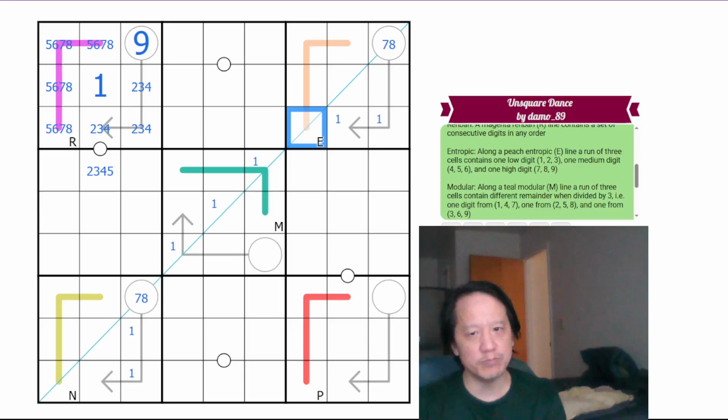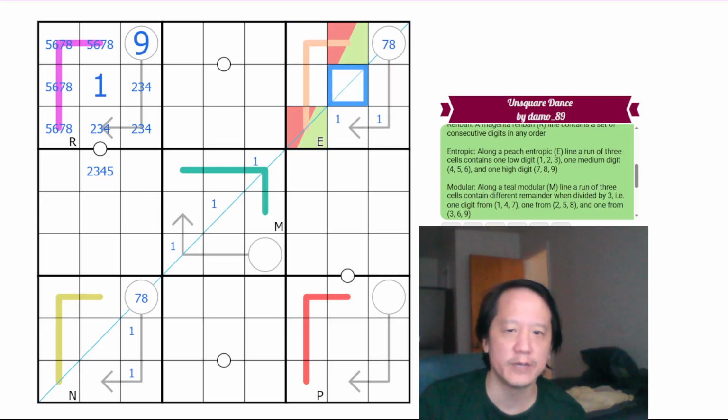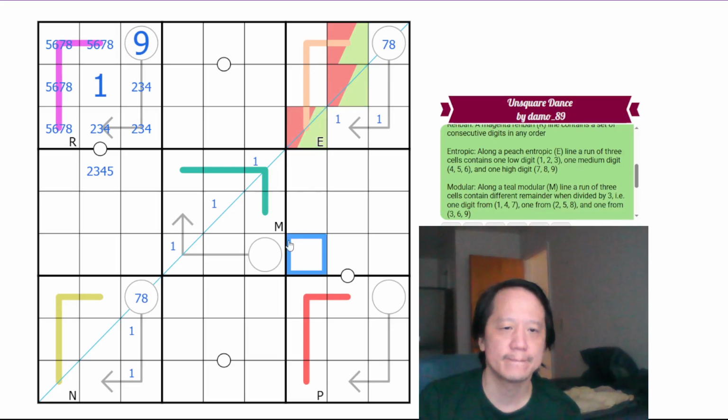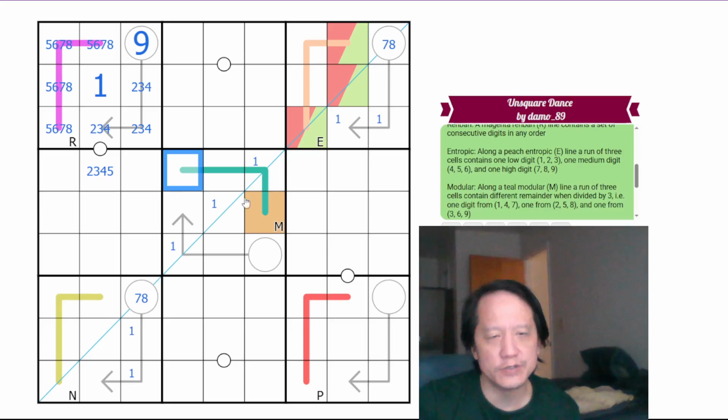So this has to be medium or high here. We don't know which. And this can't be low, because we're guaranteed 2 lows here. So this is medium or high. These two are the same set, so we're going to mark this as orange.